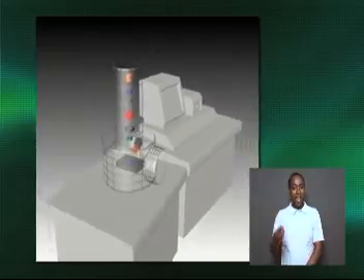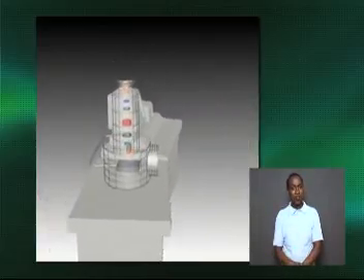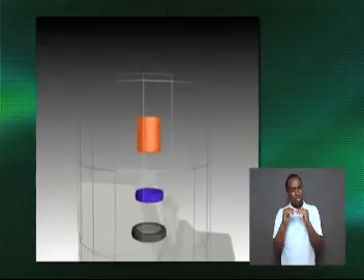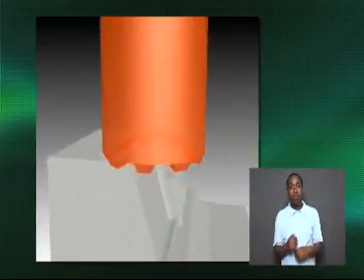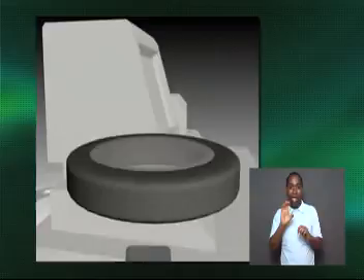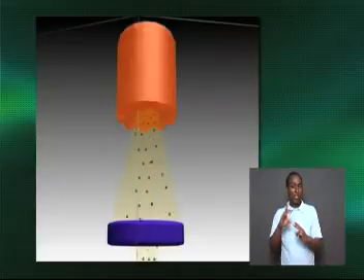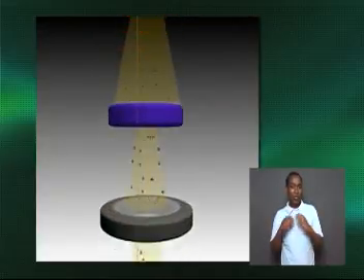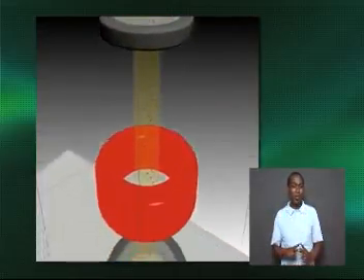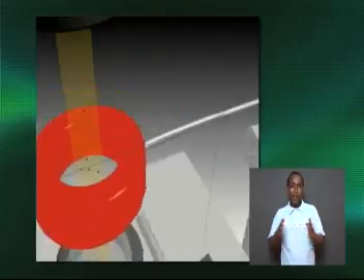Light has a limited resolving power. Resolving power means the amount of detail the microscope is able to show. Electron microscopes are able to show much more detail. They give a much higher magnification and resolution.